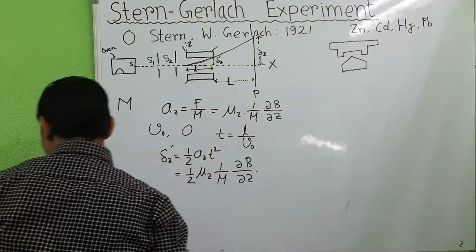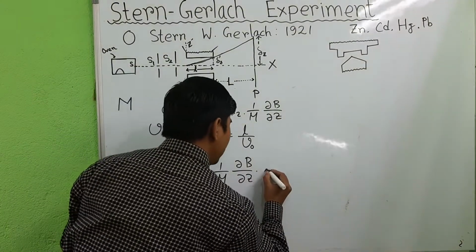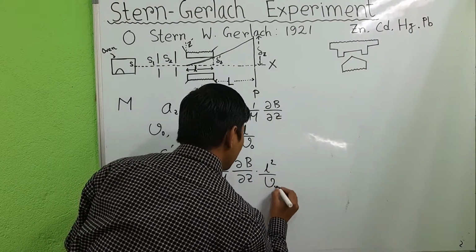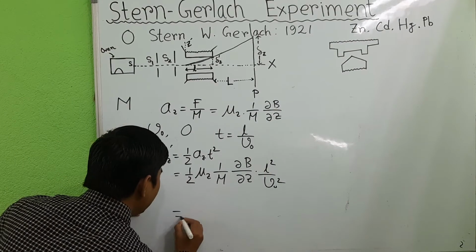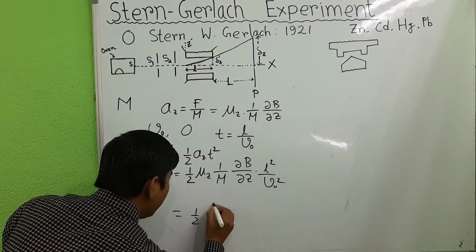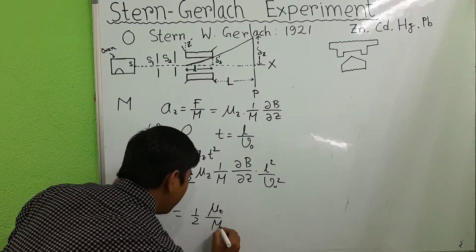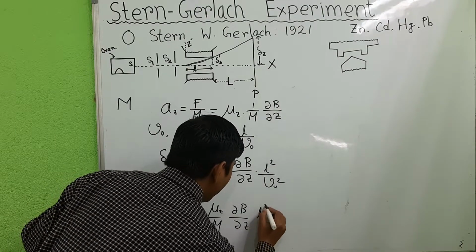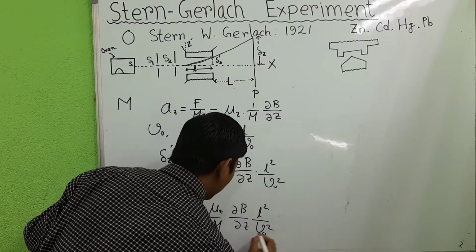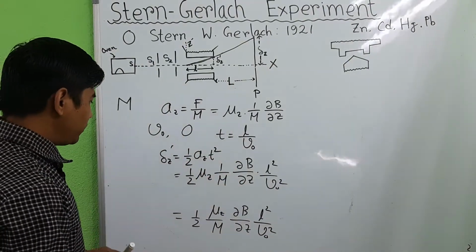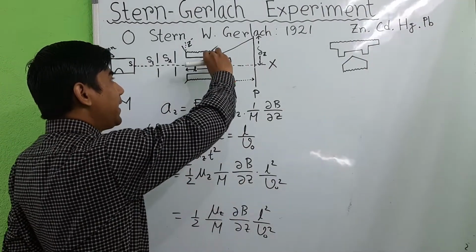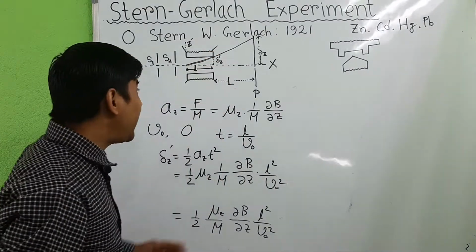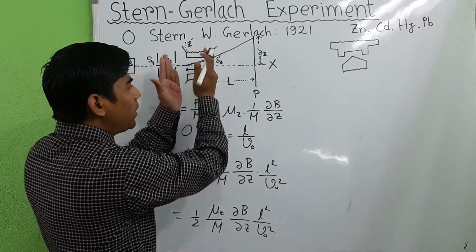So this can be written as half mu z by m into del B del z into L square by V0 square. So this is the displacement when an atom comes out from the magnetic field.